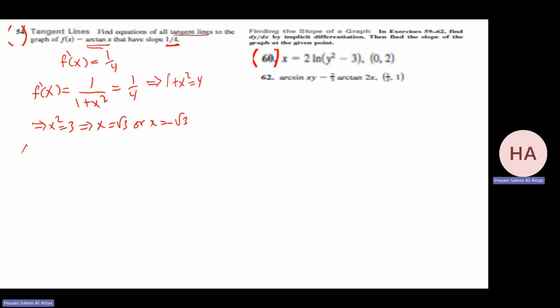If x equals square root of 3, then f of x will be tan inverse of square root of 3, and that is pi over 3.